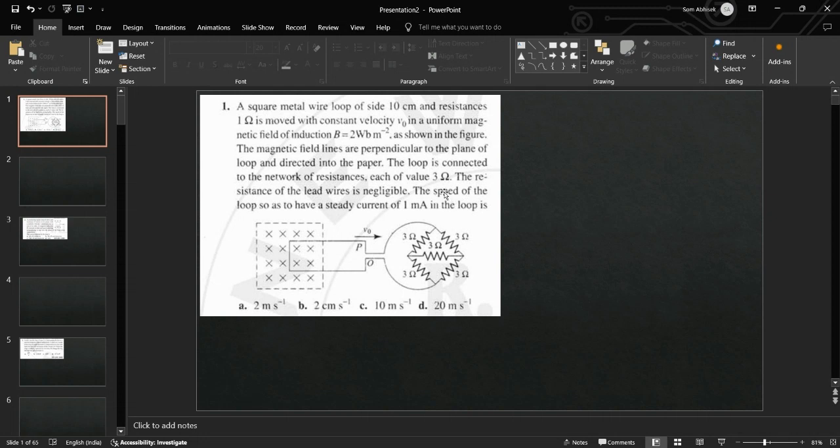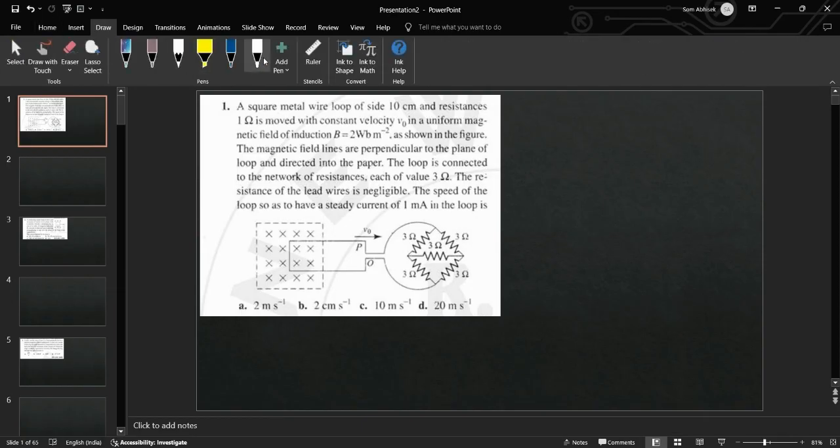Okay, this is the first question. A square metal loop of side 10 centimeter, resistance 1 ohm, is moved with a constant velocity V naught. This is the loop here, and you can see the resistances are here, right? And what is the question? Magnetic field lines are perpendicular to the plane of the loop, directed into the paper.